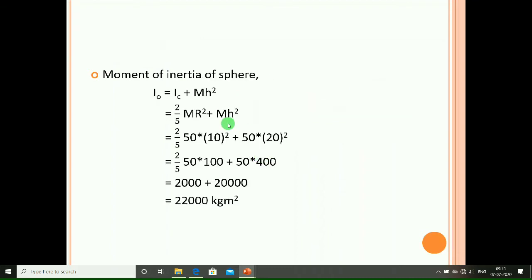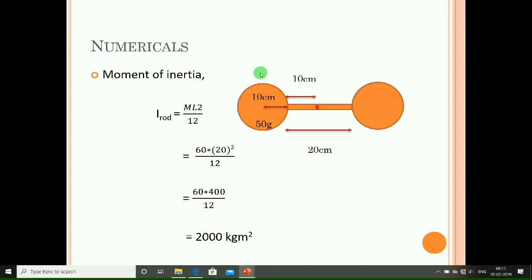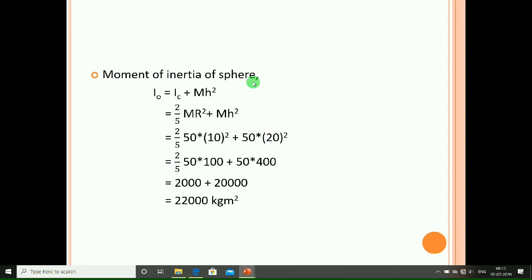So you will apply the formula for the parallel axis theorem: I O equal to I C plus M H square. I C means you will consider the moment of inertia of the solid sphere about its diameter, and the formula is 2 by 5 M R square. So I C is 2 by 5 M R square.